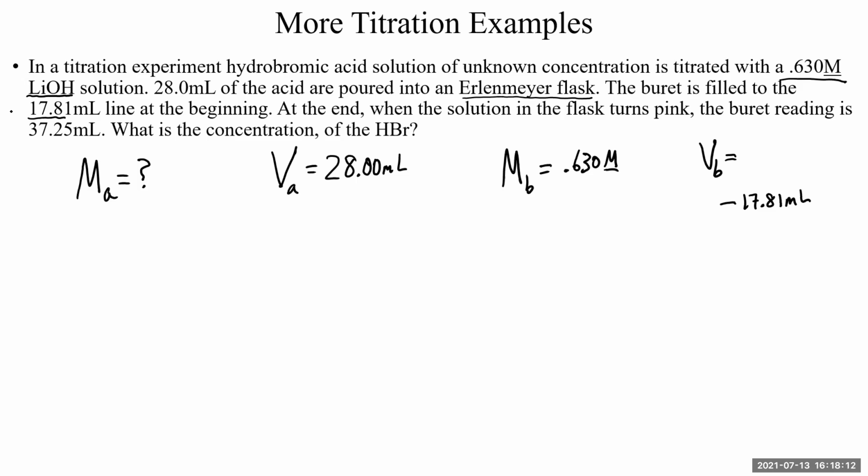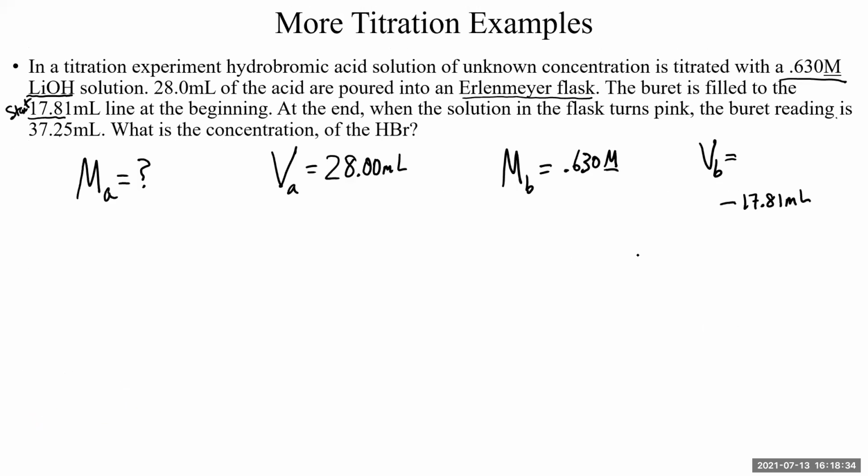So 17.81 is our starting point. During the experiment, I'm going to use up a certain volume of this base solution. And then at the end, when the solution in the flask turns pink, when I've reached my endpoint, equivalence point in this case, the burette reading is 37.25.